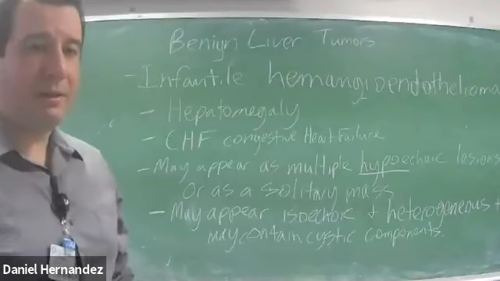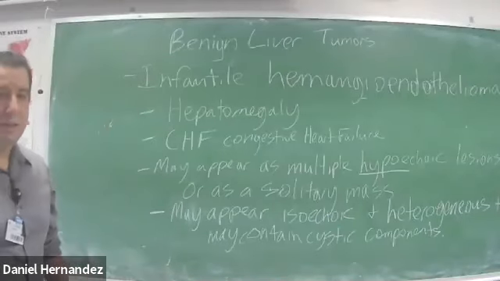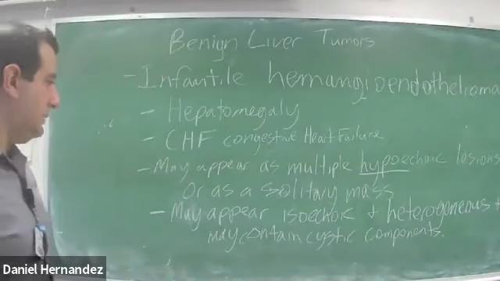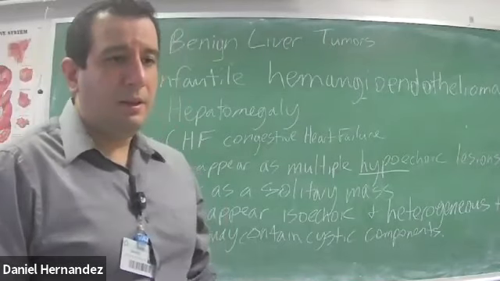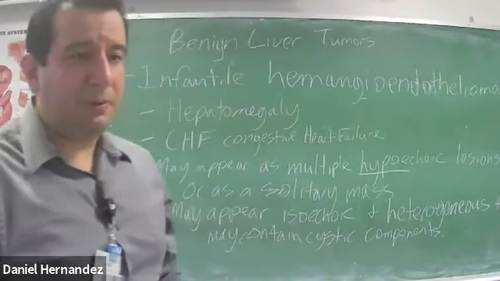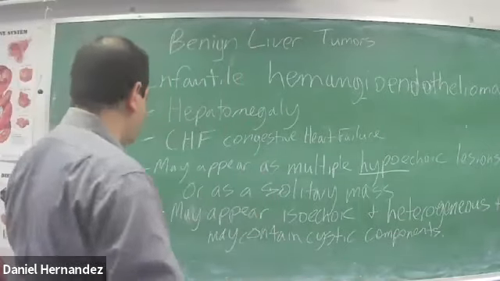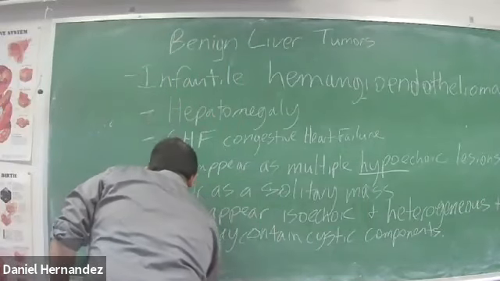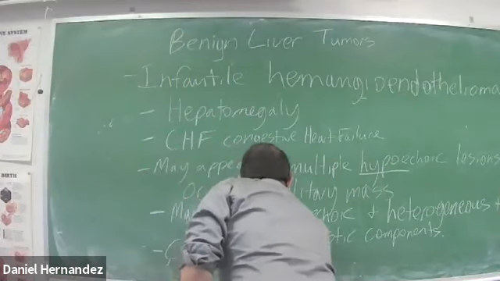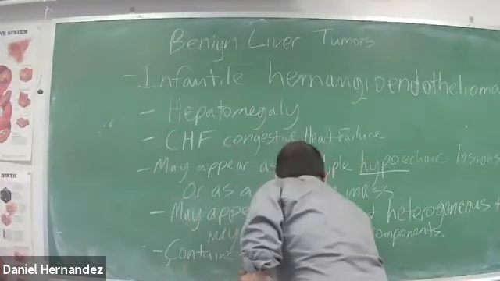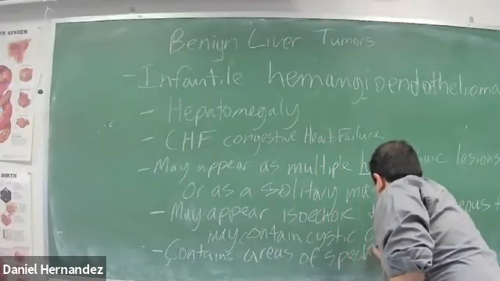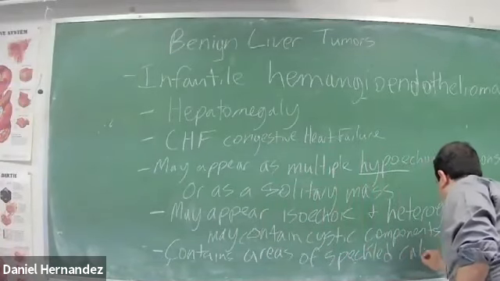So we're talking about a mass that is hypoechoic to isoechoic, heterogeneous, may contain cystic components, so it'll look complex. There are also areas of speckled calcifications seen within the mass.